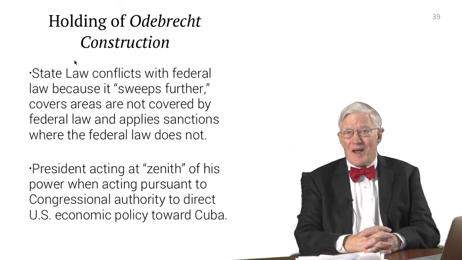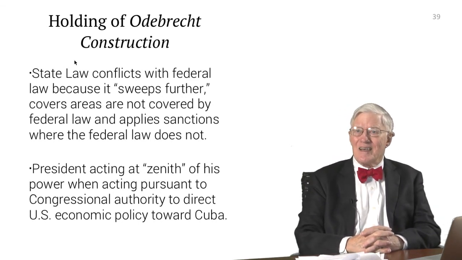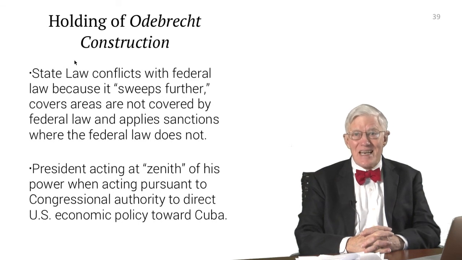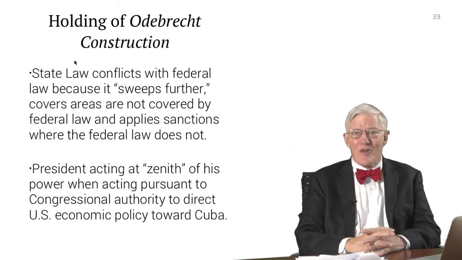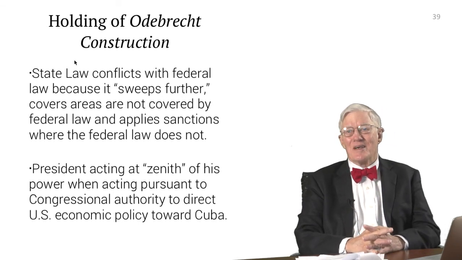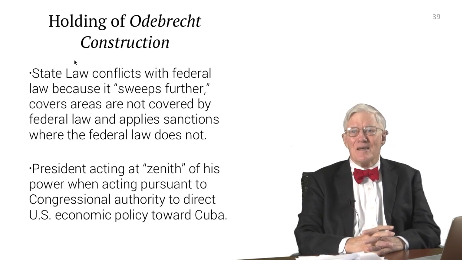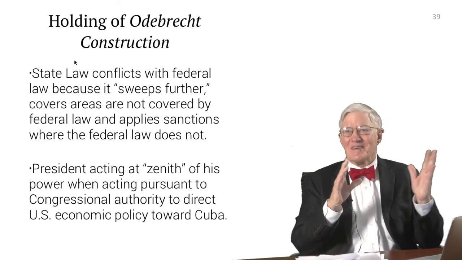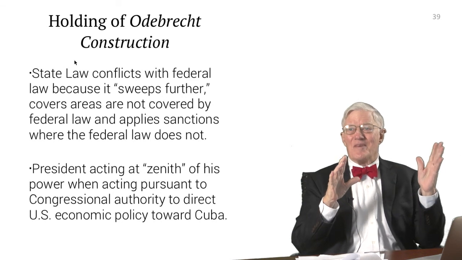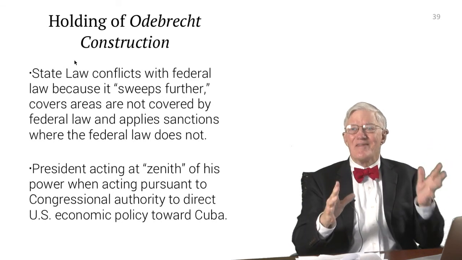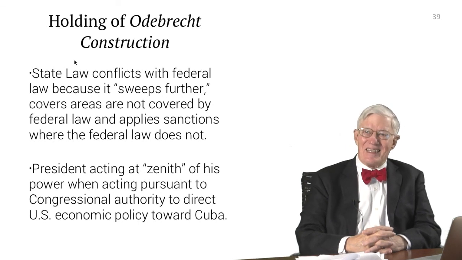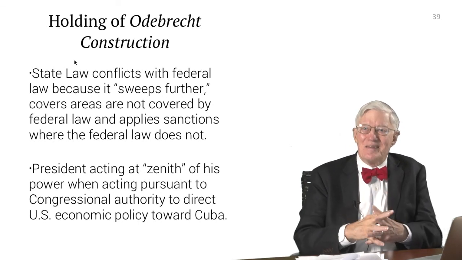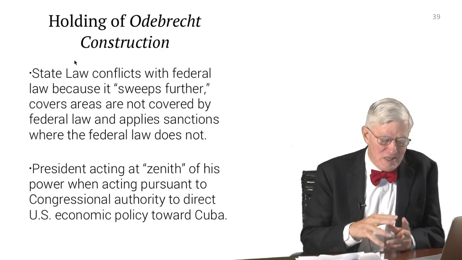And it also pointed out that the president and the Congress acted at the zenith of their power when acting pursuant to the authority to direct economic policy toward Cuba. So Florida has to get out of the foreign relations business and leave that to the federal government, where the U.S. Constitution assigned it. And the Florida statute was invalidated.